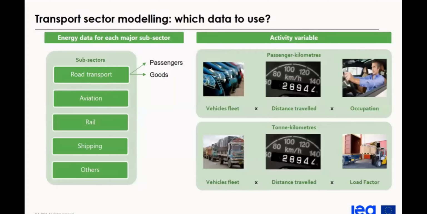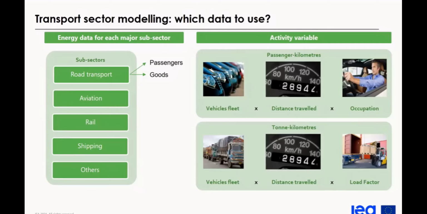So as discussed, the activity variable we will rely on is passenger kilometers, which is basically an aggregated indicator of vehicle fleet, distance traveled on average by one car, and occupation rates, so number of people in one car.